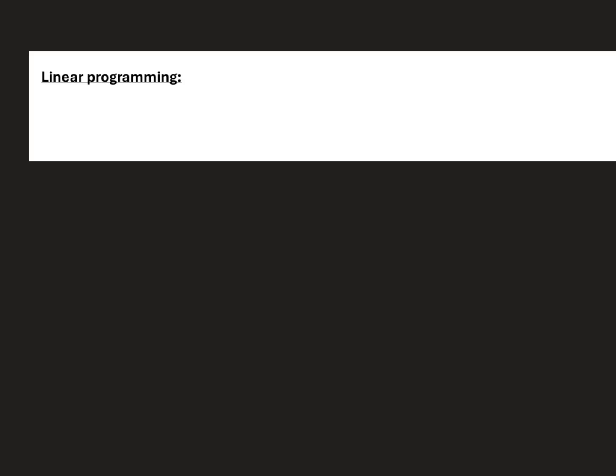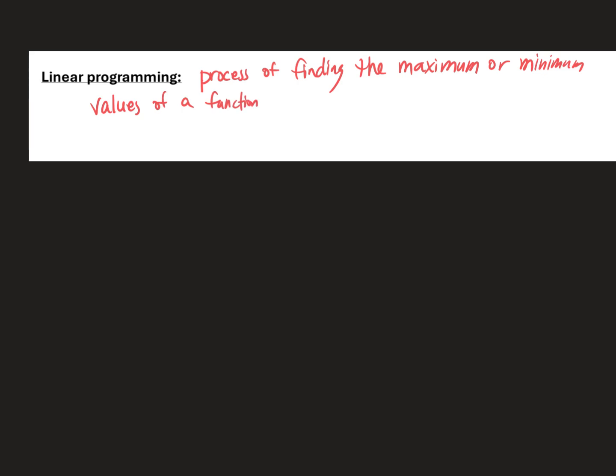Linear programming is a process of finding the maximum or minimum values of a function for a region defined by a system of linear inequalities.